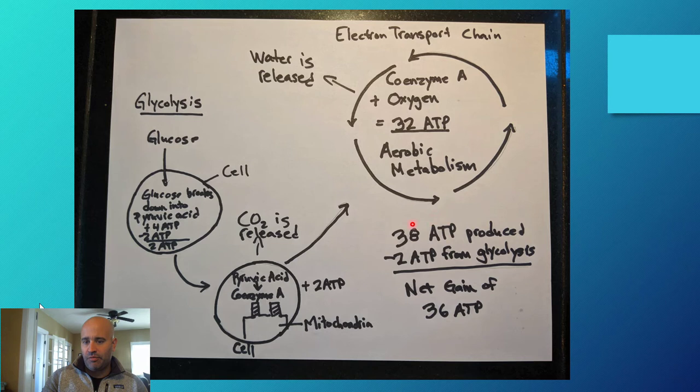Now, what do we have over here? 38 ATP are produced. You lost 2 from glycolysis, and you have the net gain of 36 ATP. So a byproduct of CO2 here, and water is released. All right? Pretty cool how that happens.